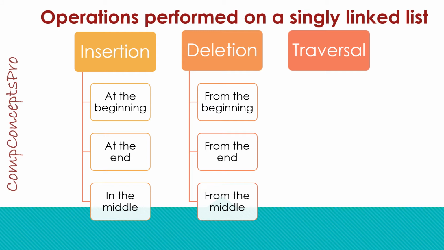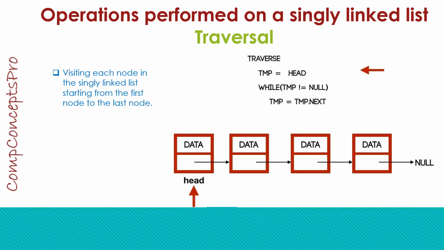Alright, so these are the major operations that can be performed on a linked list: insertion, deletion and traversal. However, we will see the traversal operation first because in case of understanding insertion and deletion also, we need to traverse the linked list. So traversing the linked list means visiting each node in the linked list starting from the first node to the last node.